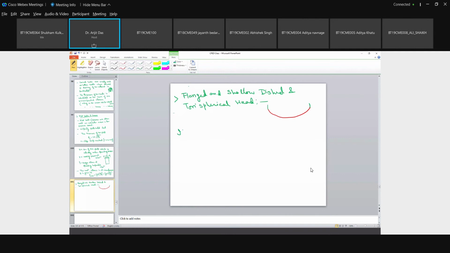If the crown radius value is more than the cylindrical shell outer diameter, then the head formed is known as the flanged and shallow disc head.